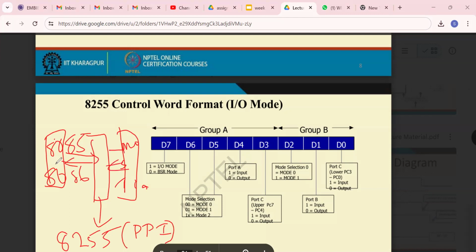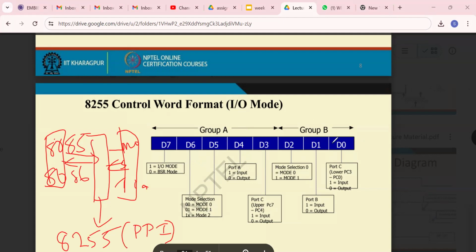IO devices. This particular slide is very important and it is given in the assignment itself. We have three ports: port A, port B, and port C. All three ports can act as an input as well as an output port.